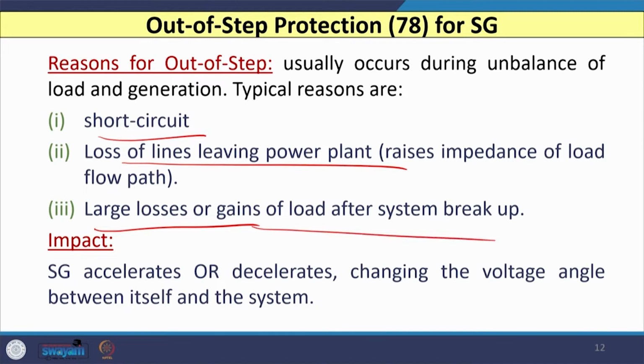Because of this, an unbalance is created between the load and generation, which creates the out of step condition. In this case the synchronous generator either accelerates or decelerates, changing the voltage angle between itself and the system.